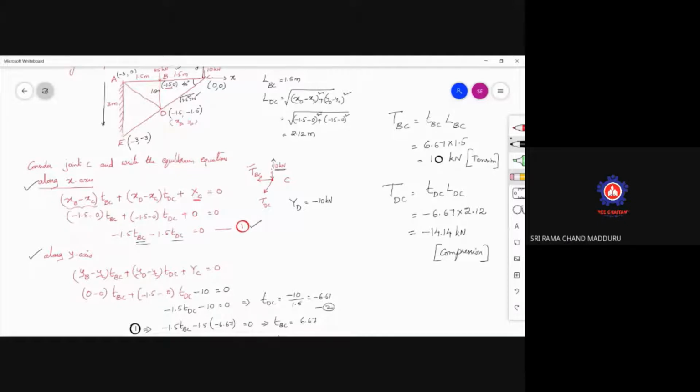Now we'll move to joint B. At joint B, how many unknown forces are there? EA or AB, DB.